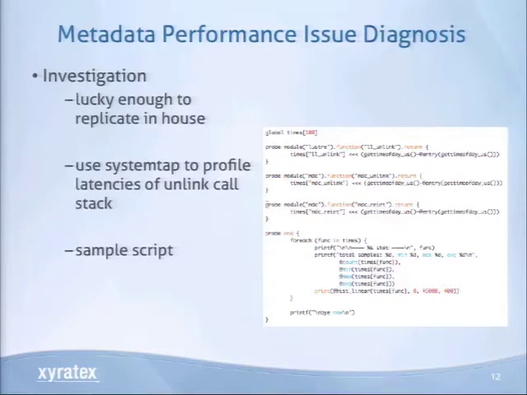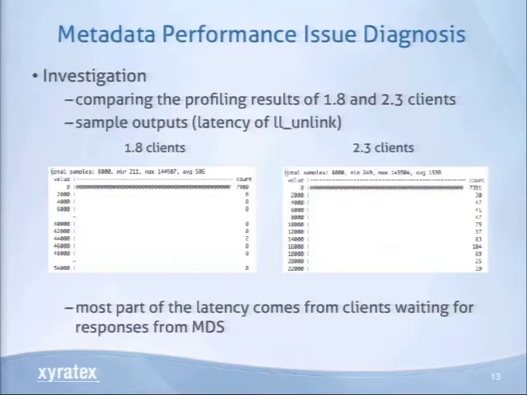It just calculates the delta spent in each of the functions, and at the end it generates a histogram of the latencies by time slot. And here is an example of the latency of the ll_unlink functions. On the left is the one for 1.8 clients, and on the right is the 2.3 clients.